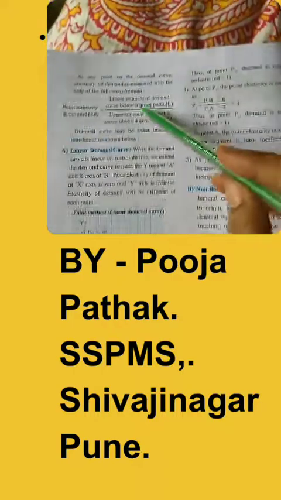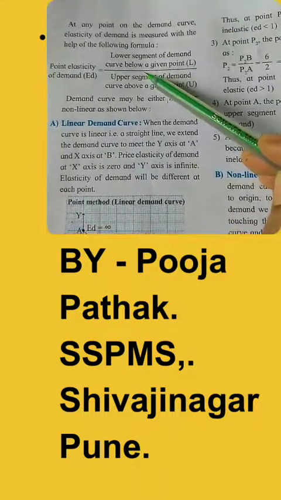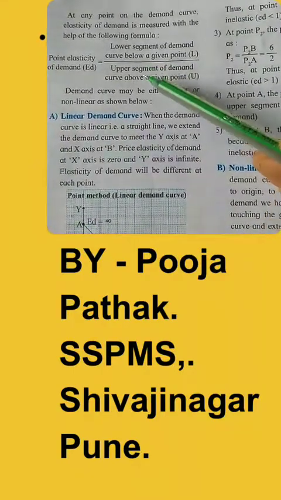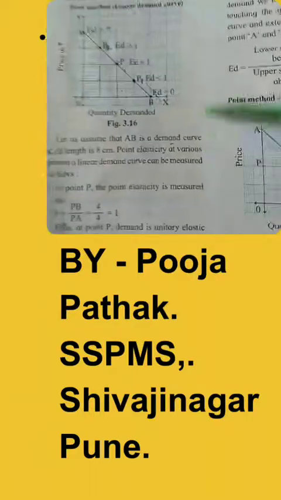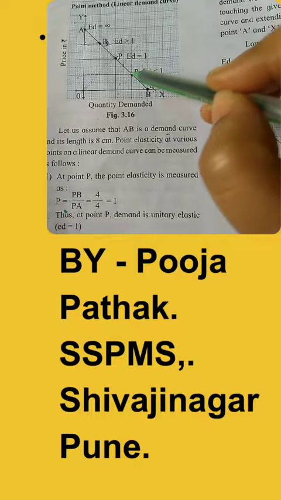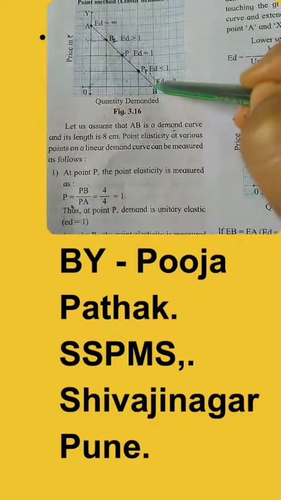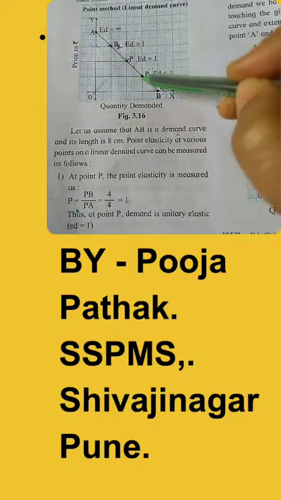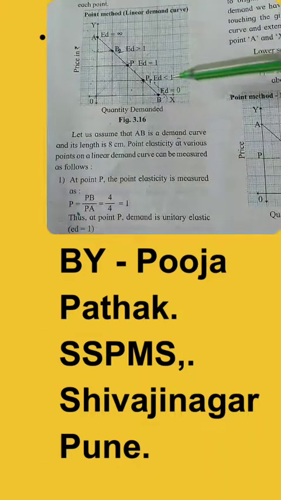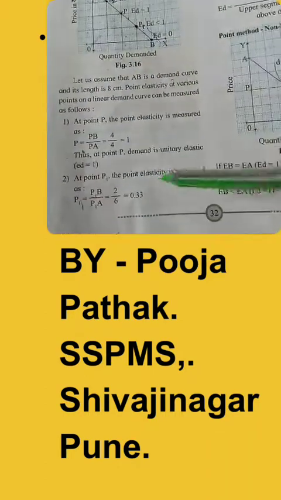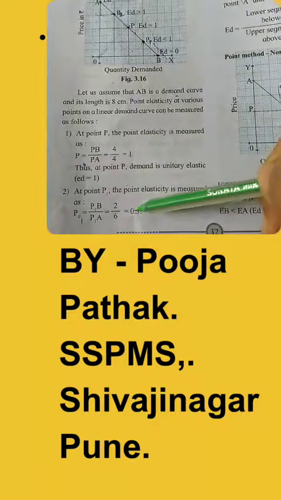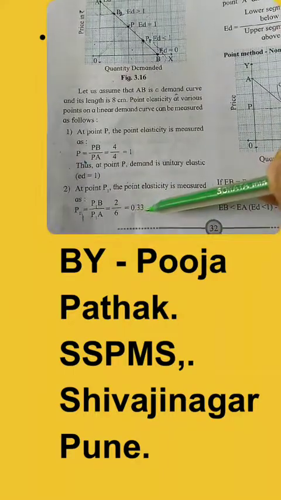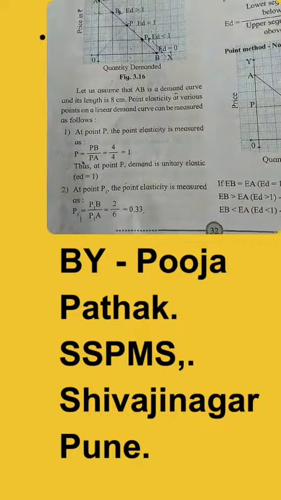This is what is given in the formula: lower segment of the demand curve below the given point divided by upper segment of the demand curve above the given point. So P1B is equal to 2 and P1A is equal to 6, so you are getting the answer 0.33.